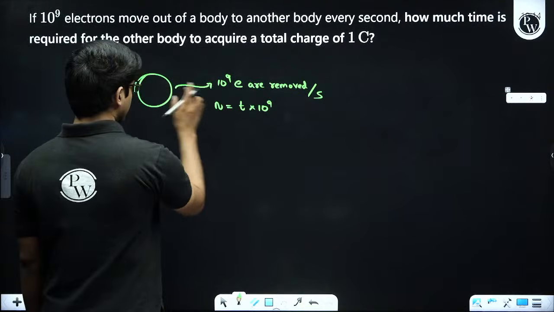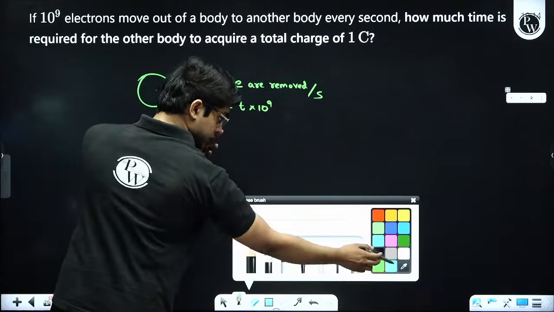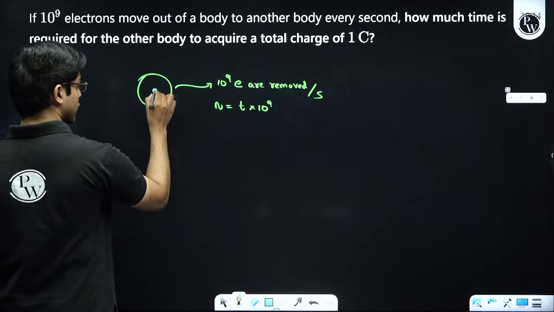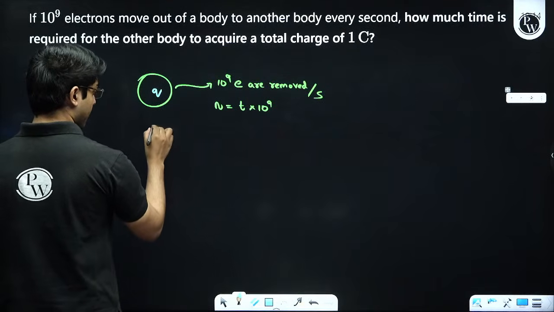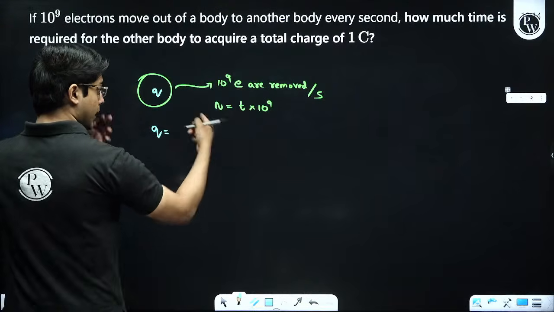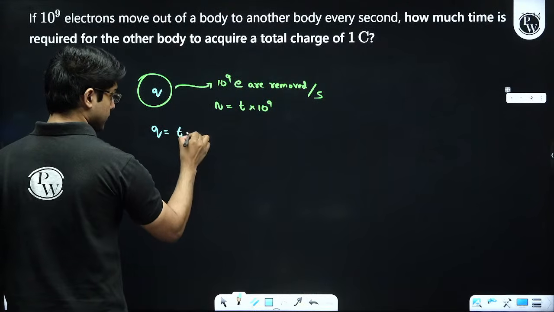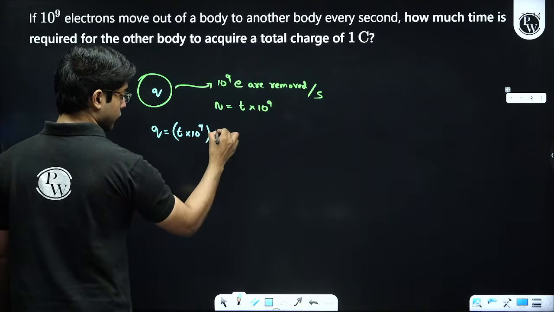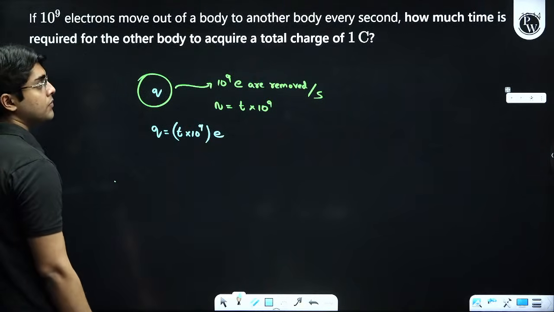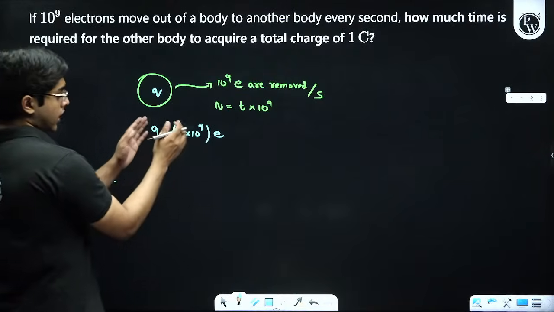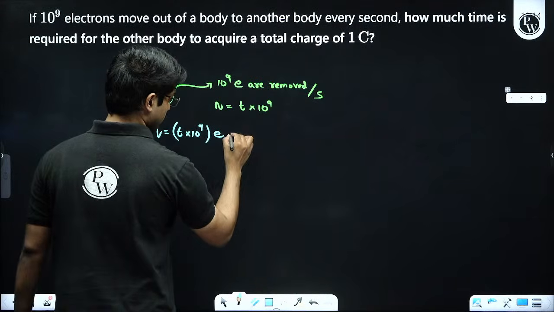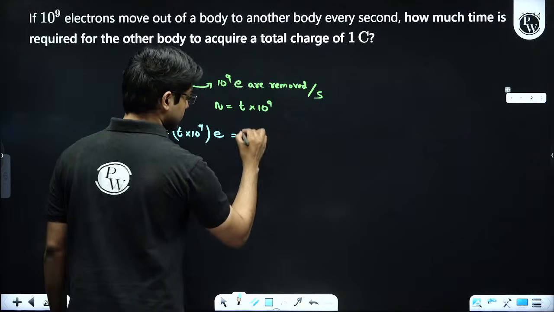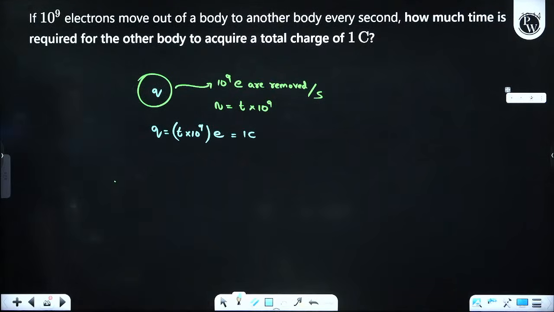In this case, what will be the charge of the body? If I say the charge is Q, Q is the number of electrons that were removed, which is t into 10 raised to 9, into the charge of 1 electron, which is e. We want this charge to be equal to 1 Coulomb, so we need to find when this becomes equal to 1 Coulomb.